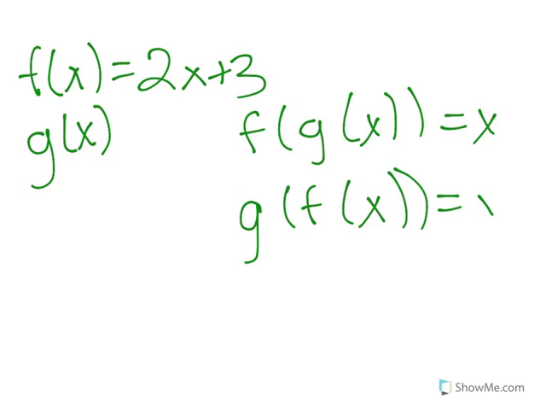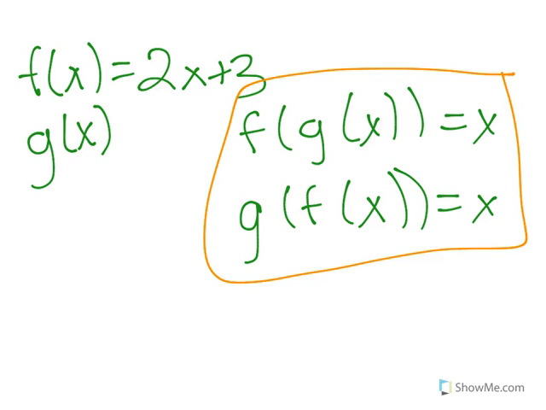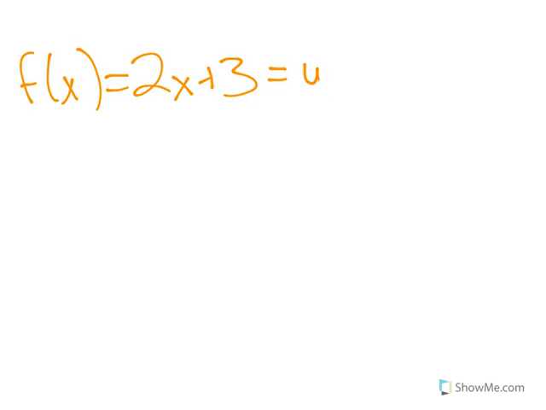It's exactly the same thing because if g is the inverse of f, f is the inverse of g. So these are exactly equivalent. But now, let's find g of x, having f of x is equal to 2x plus 3. So let's say that f of x is equal to 2x plus 3 is equal to y.